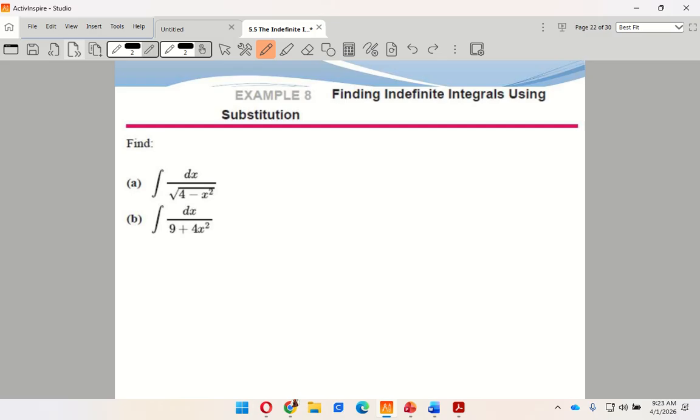Now, I like this one. Example 8. Because you got to get cray-cray with this one. Look at them closely. Both of these are going to have the same step to do. What do they kind of look like?